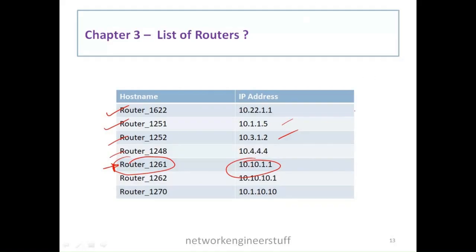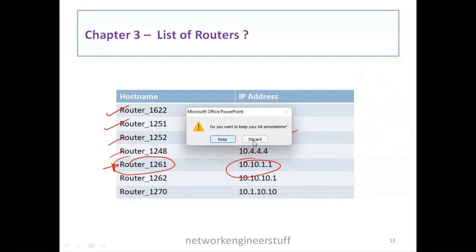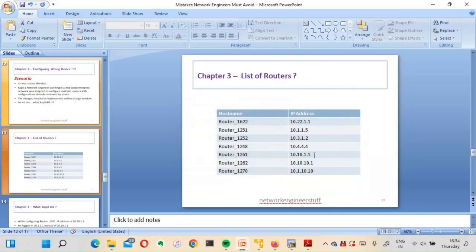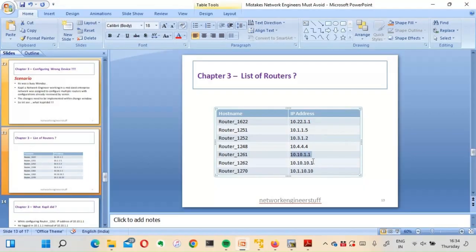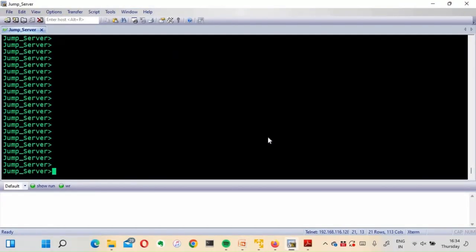So what I'll do is I'll end this show. We'll discard it. Okay, so this is our router which we have to configure, 10.10.1.1. Now here we have one jump server. Many guys who are currently working may be aware that there's one server through which you can log in into multiple devices.